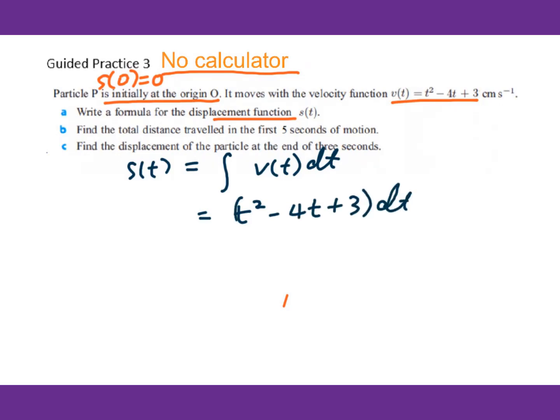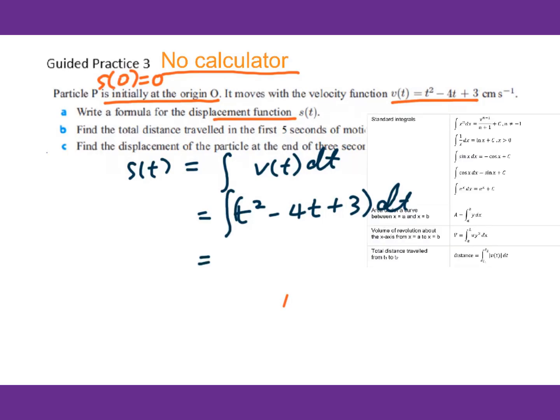We do the integral. By using this formula, for t squared, that is t to the third power over 3 minus 4 times t squared over 2 plus 3t, then plus c.